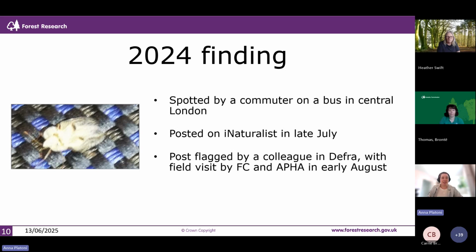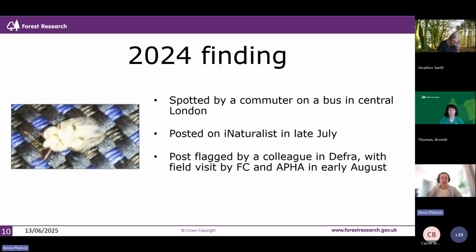Now we see quite a lot of blurry photos, at different levels of blurriness, let's say. We consider ourselves blurry photo experts, and this was clear enough to set alarm bells ringing. A colleague in DEFRA had spotted the iNaturalist report and flagged it with FERA.